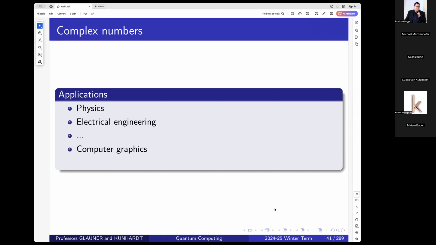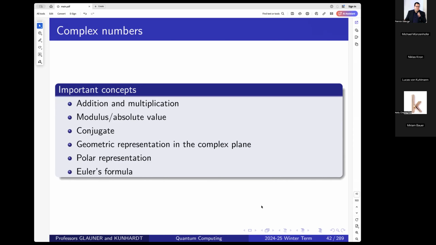For example, certain computer graphics operations can be described quite nicely with complex numbers as an alternative to other representations. There is also even an extension of complex numbers, quaternions. You can use them even better for certain computer graphics problems. One application, which is the key of this course, is quantum computing. So I think the applications of complex numbers in computer science are limited. But there are applications, and there's more than quantum computing, for example, computer graphics.